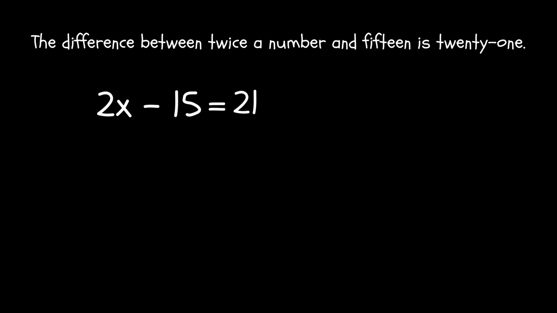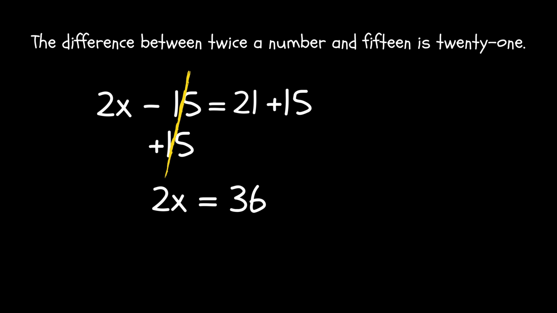Now, we need to solve for x. We need to add 15 on this side, and what we do on this side we need to do on the other side. So the 15 and the negative 15 will cancel out, and we will add 21 plus 15. 21 plus 15 is 36.